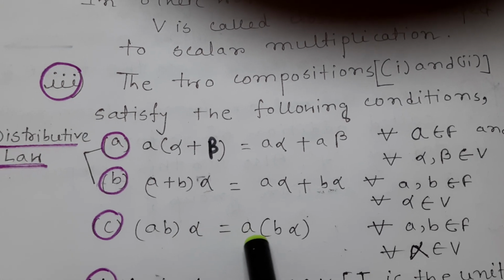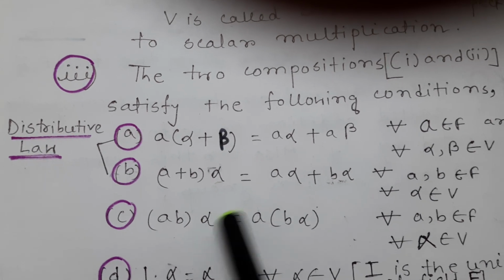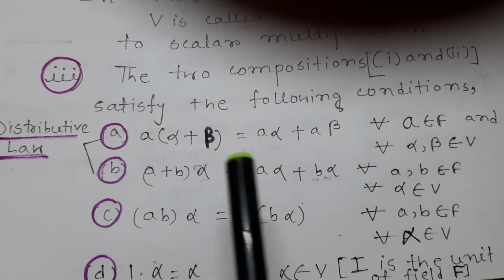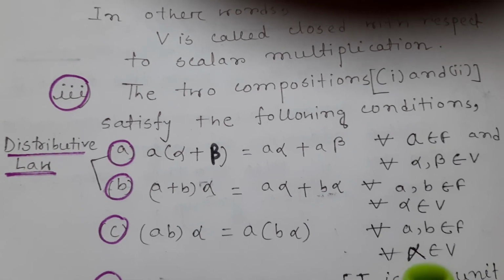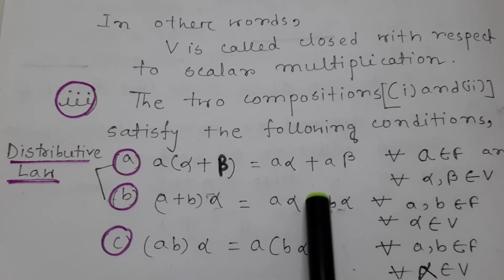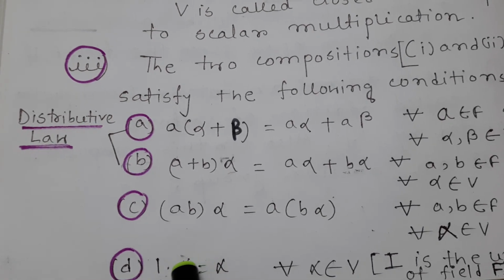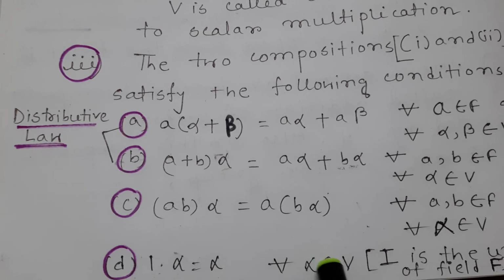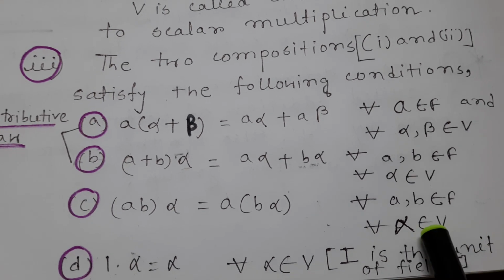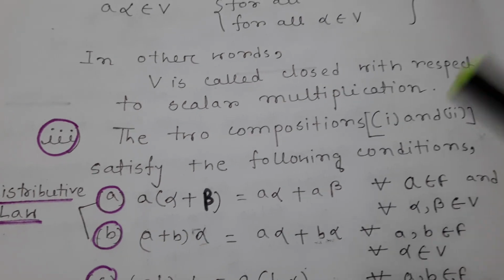a b into alpha equals a into b alpha. Just the scalar associative property here, just like addition, for all a, b belonging to F and alpha belonging to V. Here a, b are scalar elements of field F, and alpha, beta are vectors in the vector space V. And 1 into alpha equals alpha, for alpha belonging to V. This is just the identity property, where 1 is the unit element of field F. These are all the conditions.